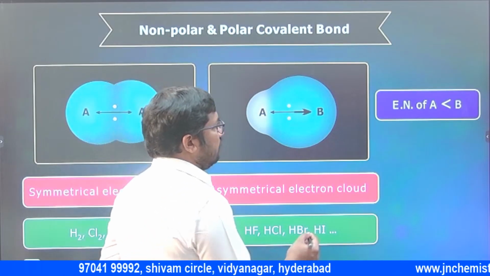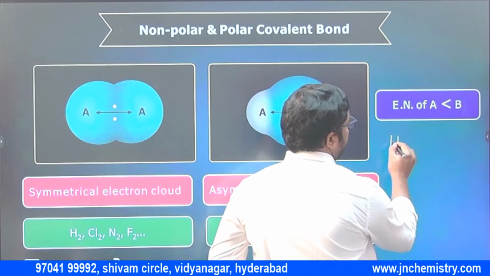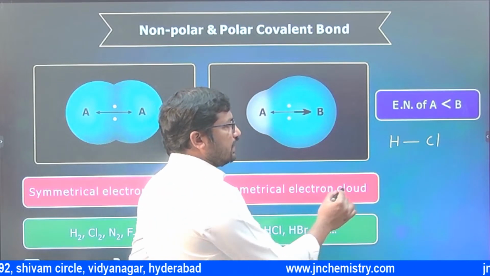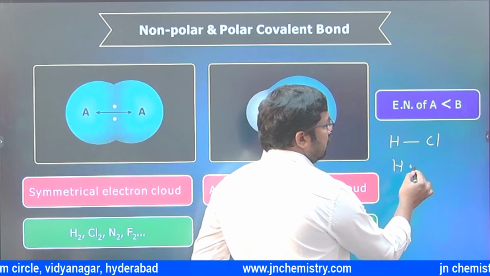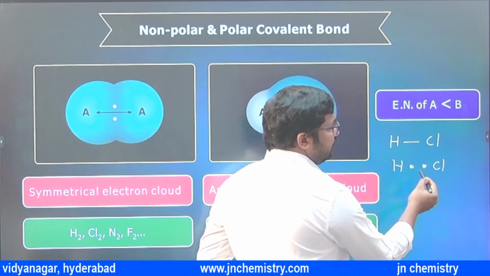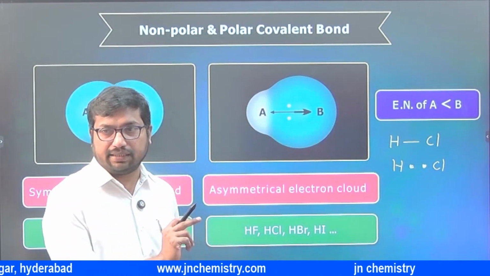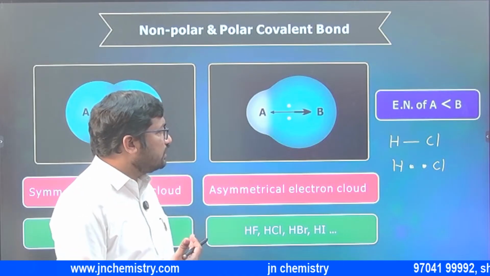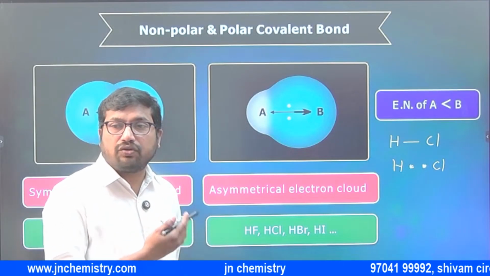For example, try to understand HCl. The HCl bond is like this. Imagine hydrogen is giving one electron, and chlorine is also giving one electron. We are expecting the electron to be present in the center. But what exactly happens? Chlorine is more electronegative. What is electronegativity?